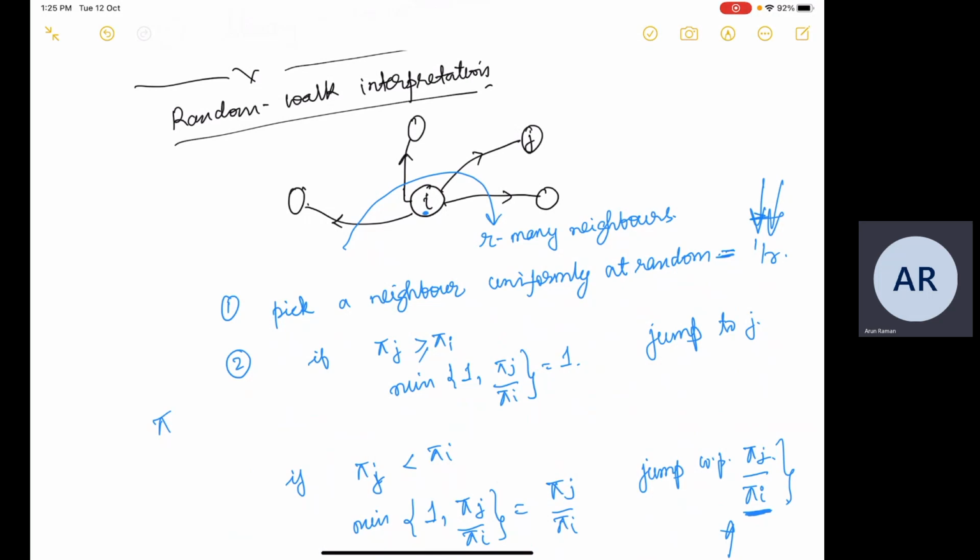Another interpretation is that we created a Markov chain that simulates a given PMF, because these are discrete states. We constructed a Markov chain that simulates a given PMF from a uniform distribution.